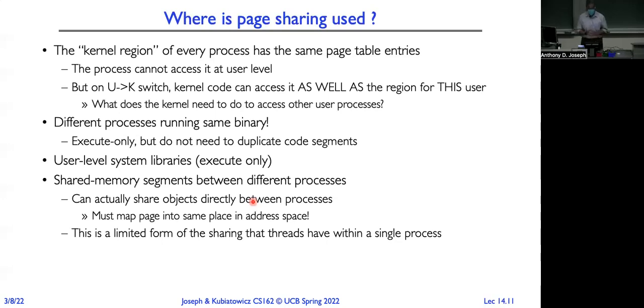And then we can also, as we talked about earlier, have shared memory between processes. The two processes can see the same set of data, if we put it at the same place in the virtual address space, they can share objects. So if you think about it, it's very similar to the sharing that we have between threads. Right? It doesn't require any context switches into the kernel to do communication between two processes.